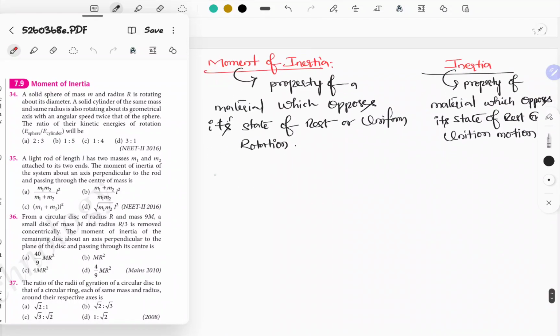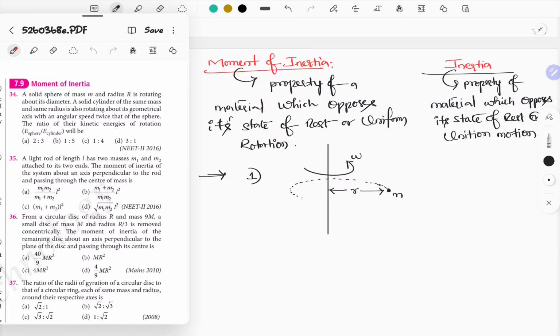What are the types of formulas we have for moment of inertia? The very first one is the moment of inertia of a point mass. Look at this. Let's say a point mass m is rotating about an axis shown in the figure with an angular velocity omega at a distance r. This is going to be the circular path of this particle of mass m.